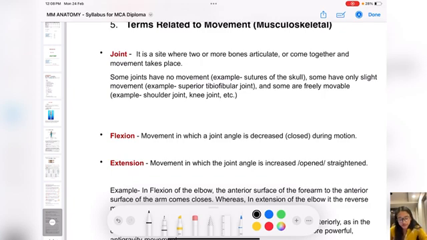Now, flexion and extension. Flexion is the movement in which the joint angle is decreased during the motion. If we bring our hand toward us, then it is flexion, and if we move our hand away from us, then it is straightening, or extension. You can see in this example also.